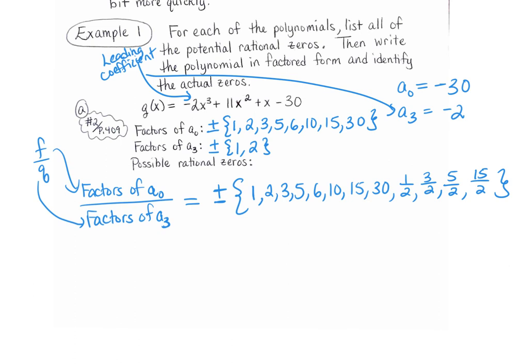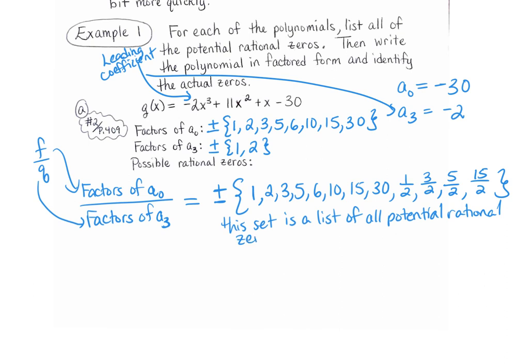So here, what we've done is, it says, for each of the polynomials, list all of the potential rational zeros. So far, that's what we've done. All of the potential rational zeros is this set right here. So this set is a list of all potential rational zeros.